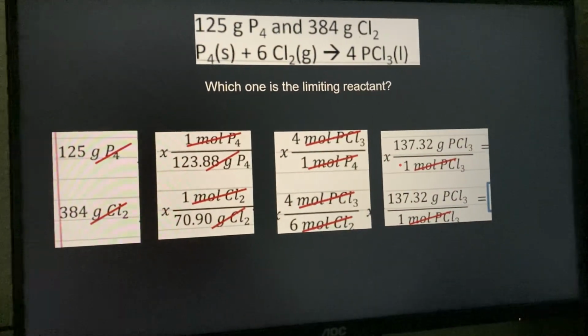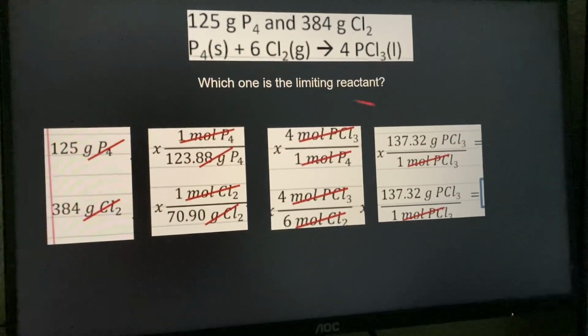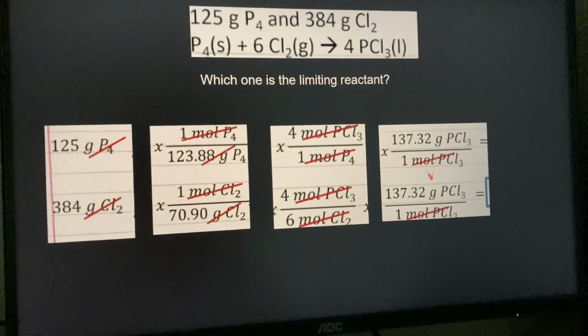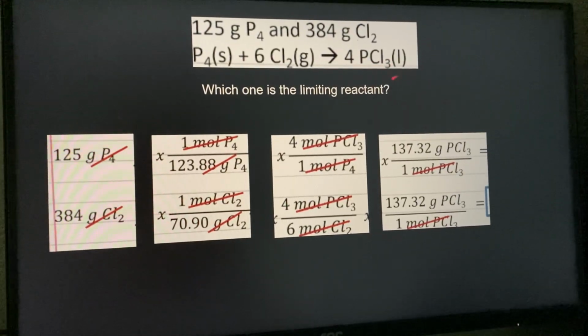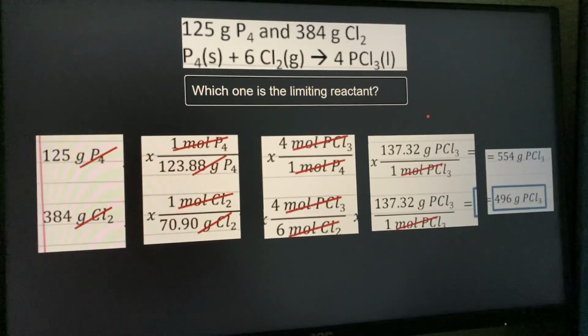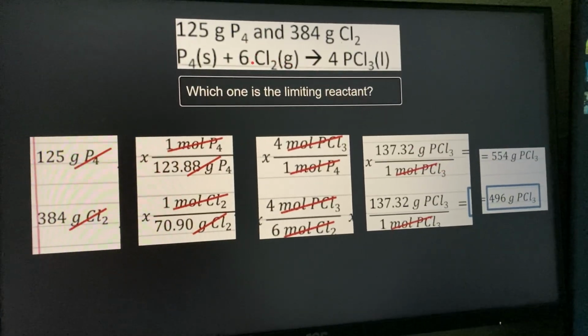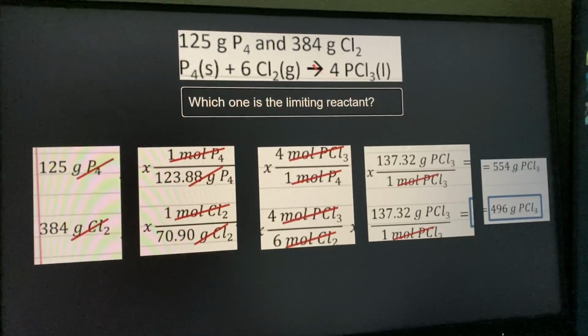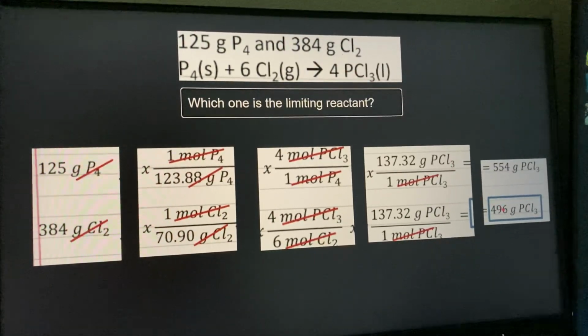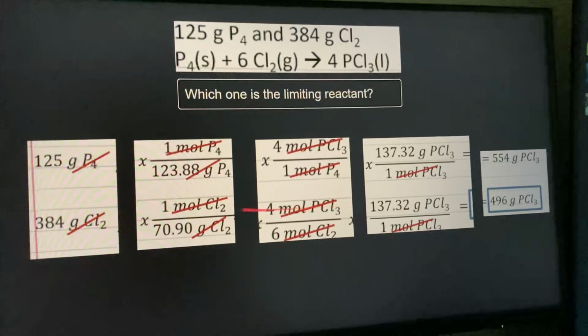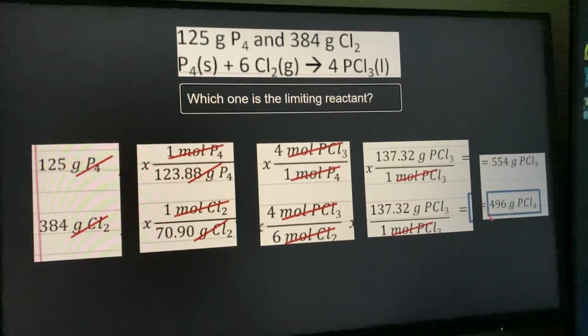Once we have how many moles we have, we multiply by the molar mass of the product. We end up with how much product 125 grams can make versus how much 384 grams of Cl2 can make. As you can see, the Cl2 makes less.